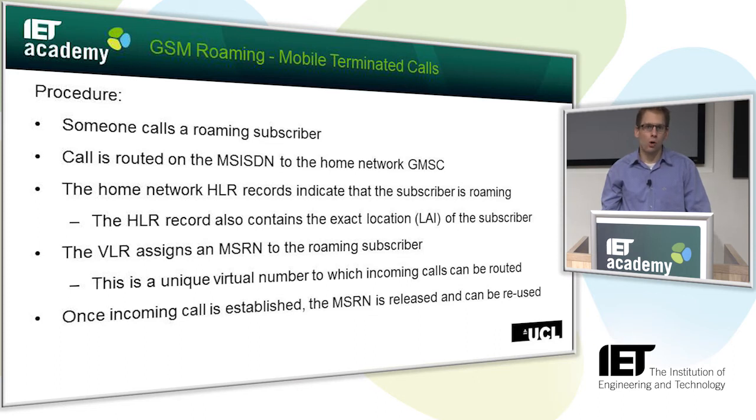The HLR also holds information regarding the subscriber's exact location, which is continuously updated each time a mobile station moves between base stations. The home network queries the visiting VLR, which in turn assigns an MSRN number to the roaming subscriber. Once the incoming call is routed and established, the MSRN is released back into the pool of numbers and can be reused by other mobile stations entering that area.